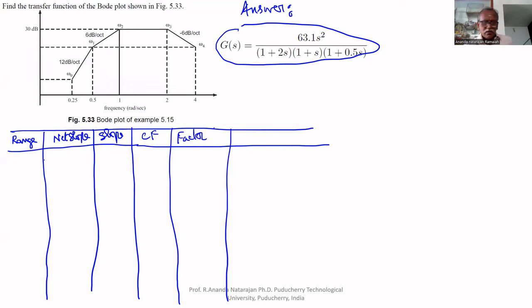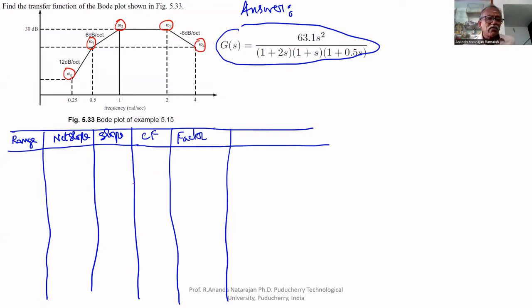Let it be omega naught, omega 1, omega 2, omega 3, omega 4.